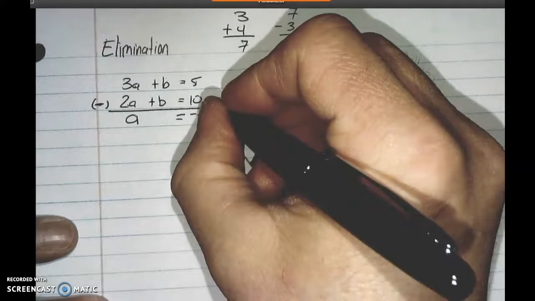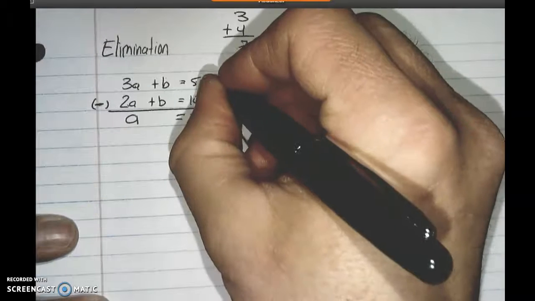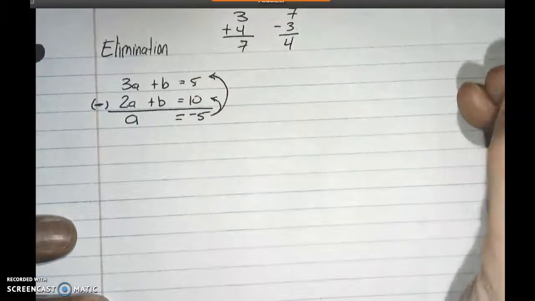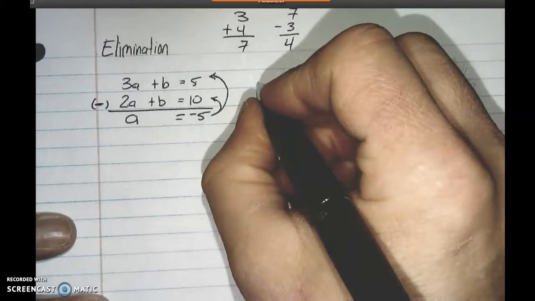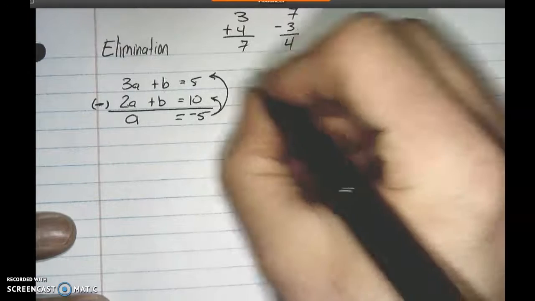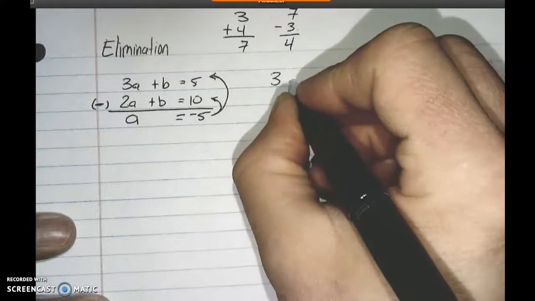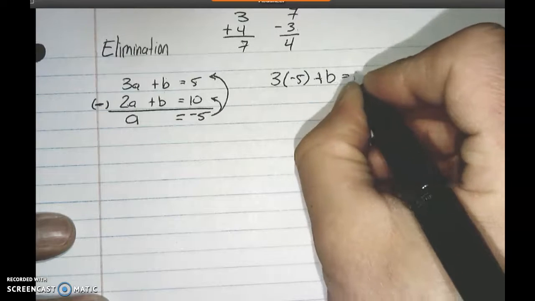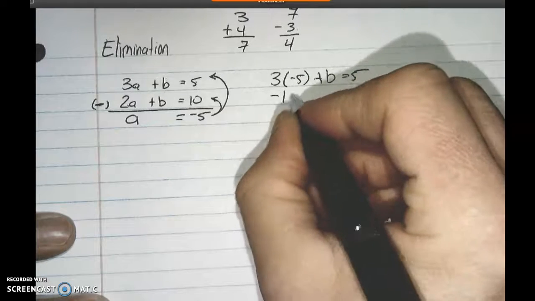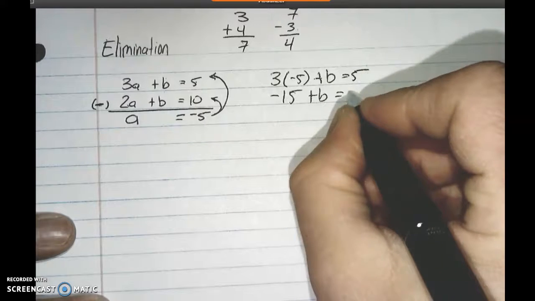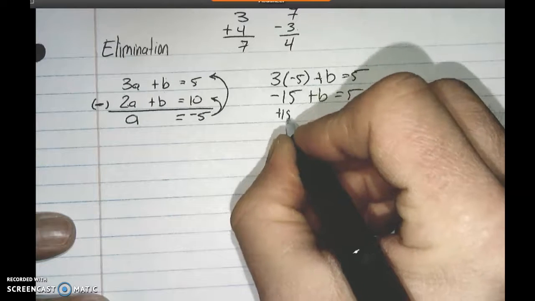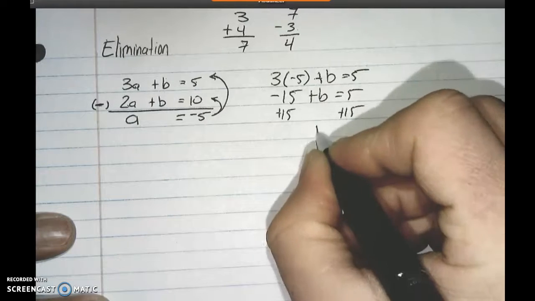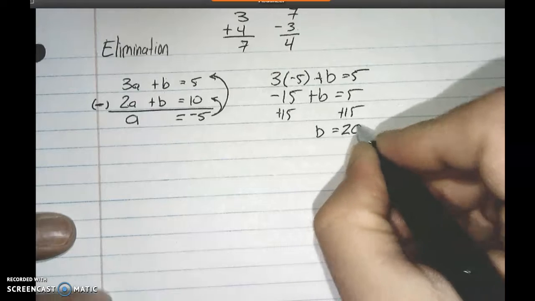I can either put it into that equation or that equation. I'm going to go with the top. So I'm going to go 3 times negative 5 plus b is equal to 5. 15 plus b is equal to 5. I add my 15. B is equal to 20.